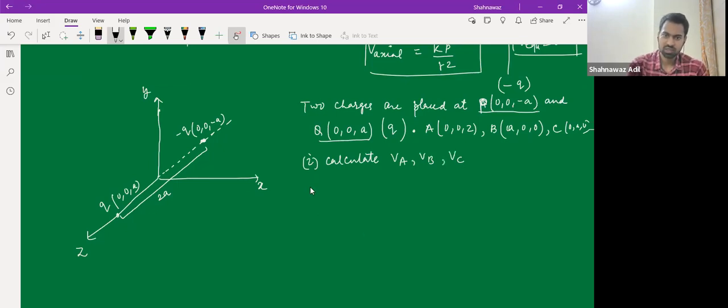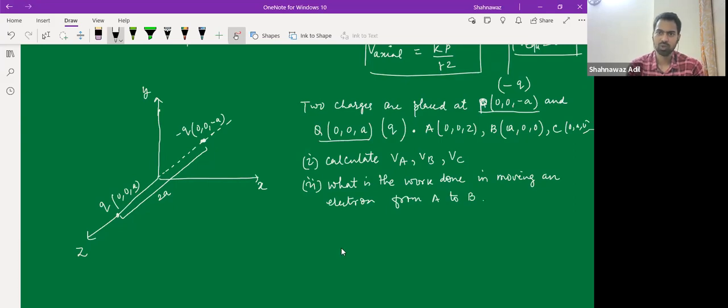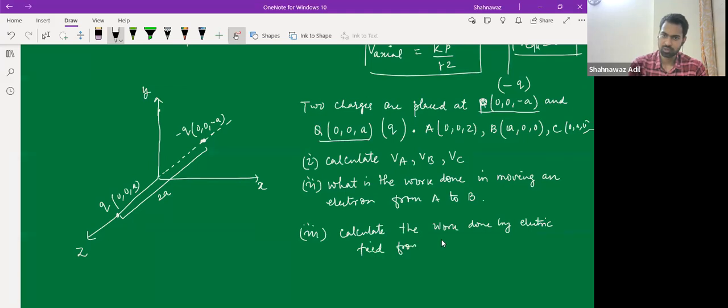The second question is what is the work done in moving an electron from A to B. The third question is to calculate the work done by the electric field from A to B. So these are the 3 questions.